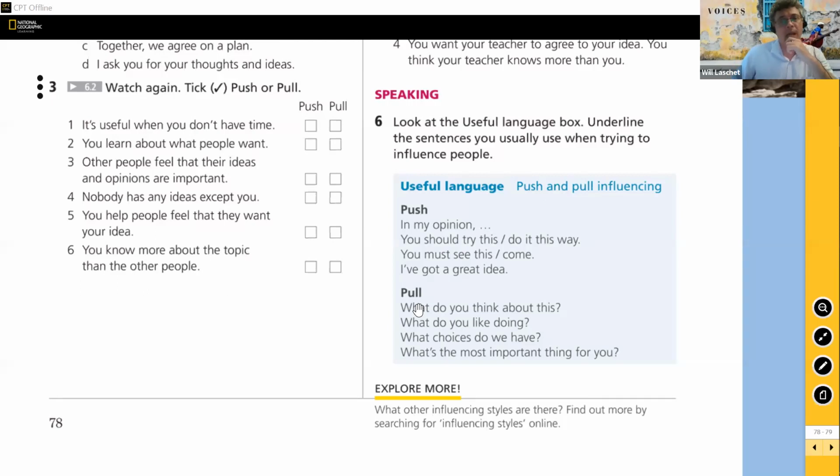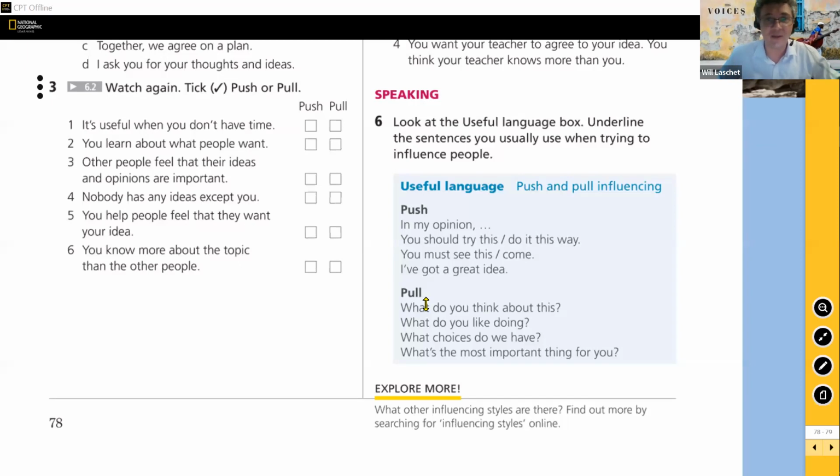Great ideas. And how about adjectives to describe this type of person? Someone good at pull influencing: caring, assertive, okay? And someone who's good at negotiating, right? Someone who's calm, someone who's passive, okay, interesting. So a completely different set of adjectives we've got here, right? That's really good.